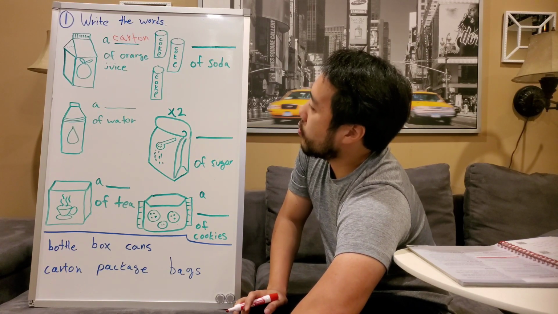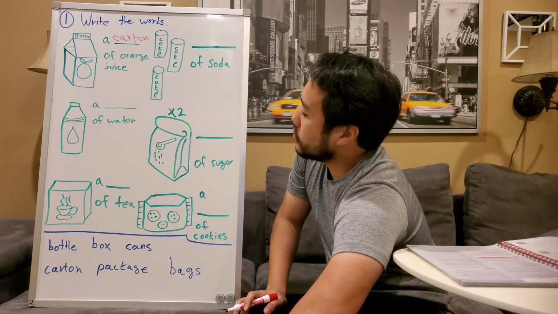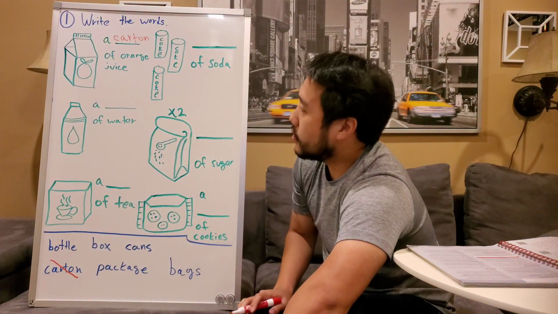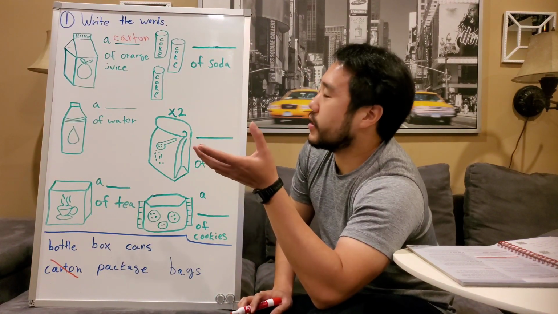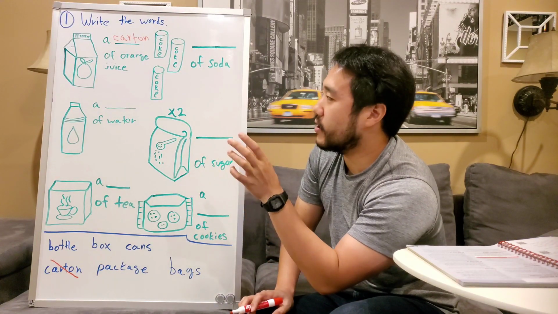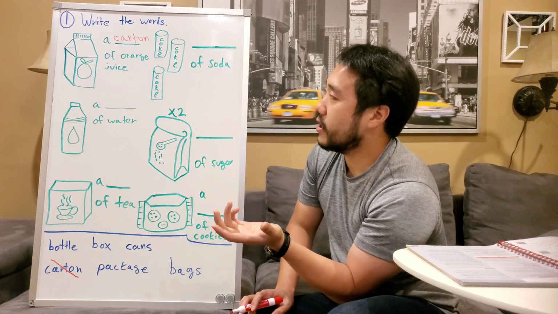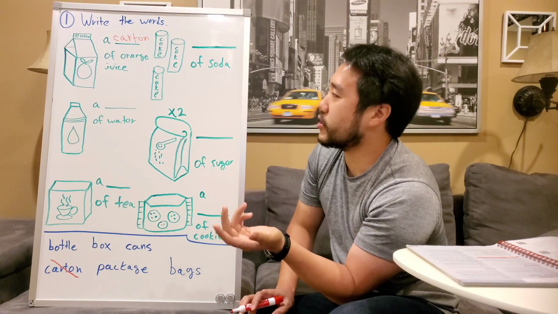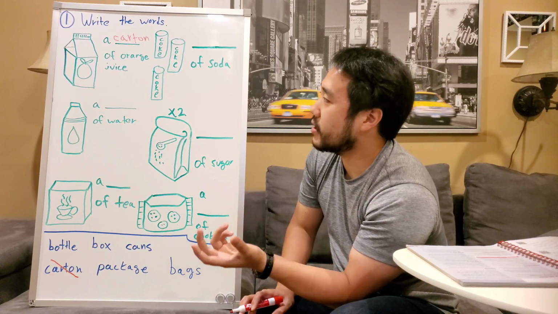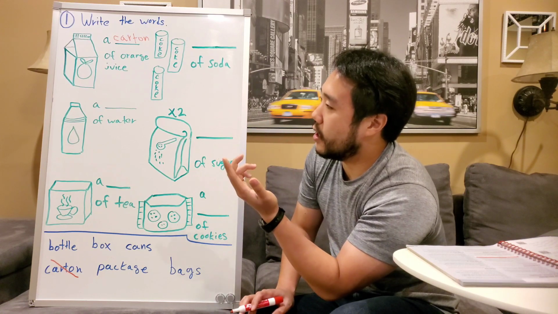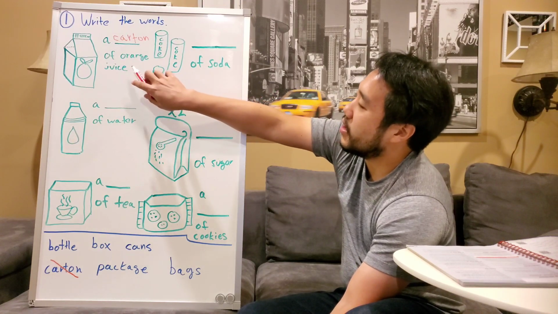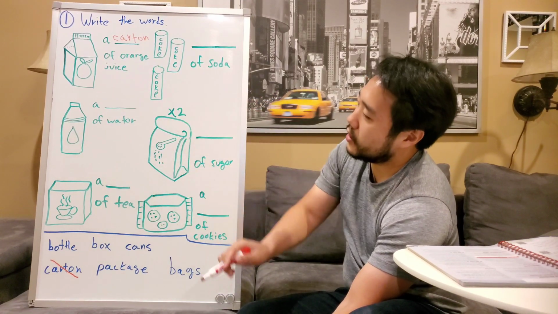A carton is a form of paper box that is filled with liquid, and it's usually used to measure or contain some kind of drinks, such as juice or milk. So when we want to measure this orange juice, we say a carton of orange juice.